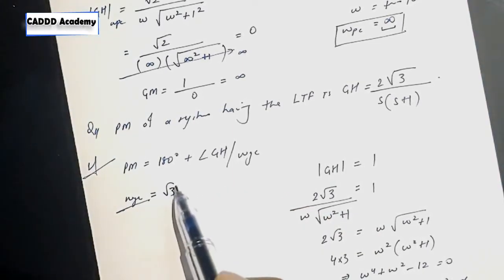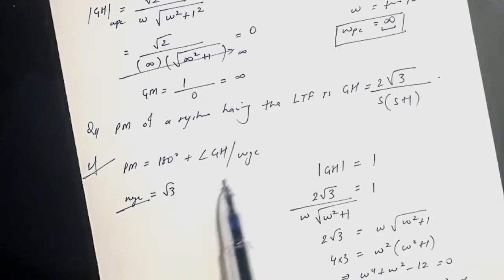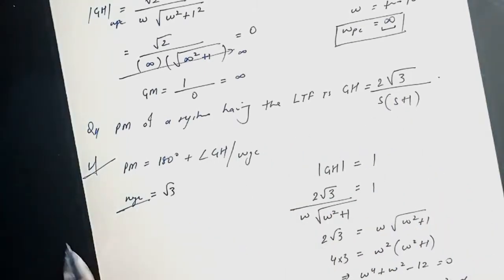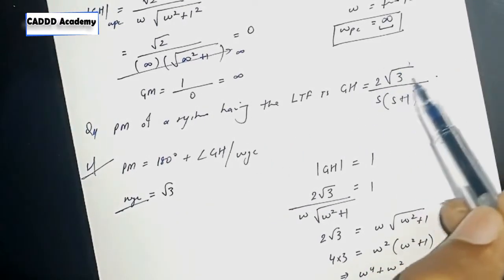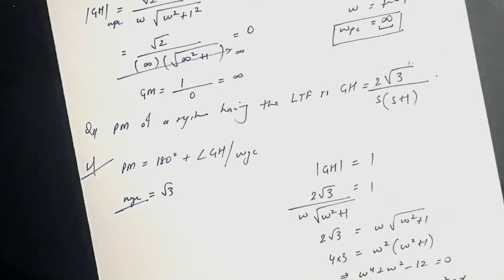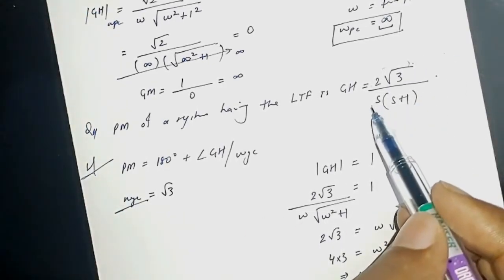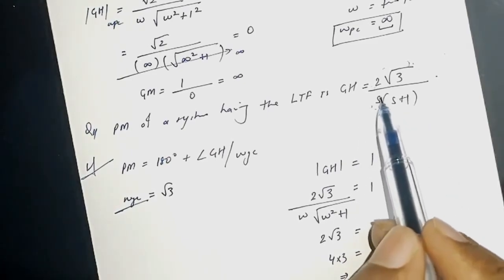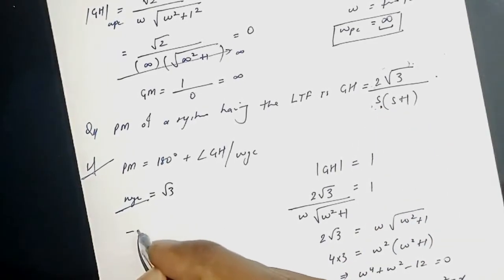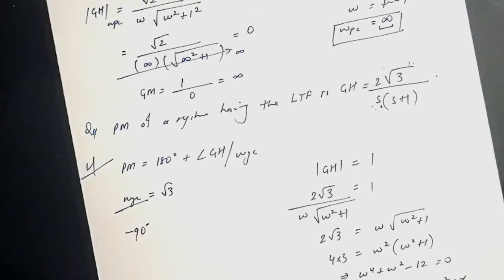Now we will put this omega gc value in the phase of the system. So now we will write the phase of the system. This is of 0 degree, so no need to write this. This is minus 90 degree, which is j omega. So j omega is lying on the imaginary axis, which is at 90 degree, and as this is in the denominator we will write minus 90 degree.